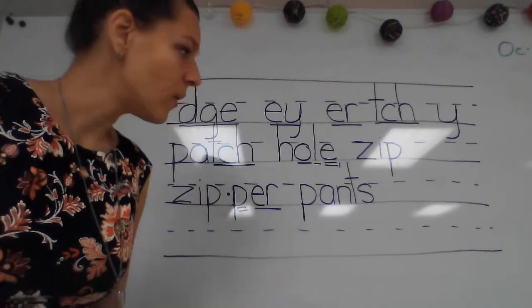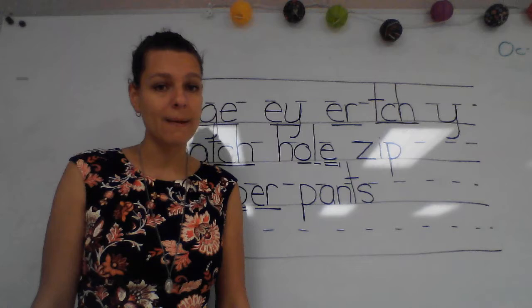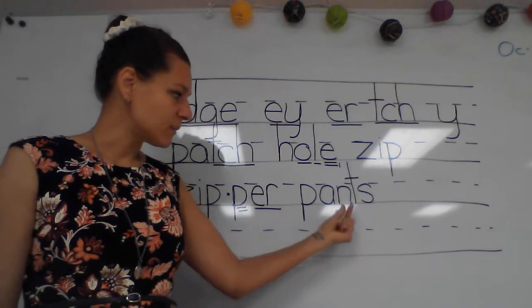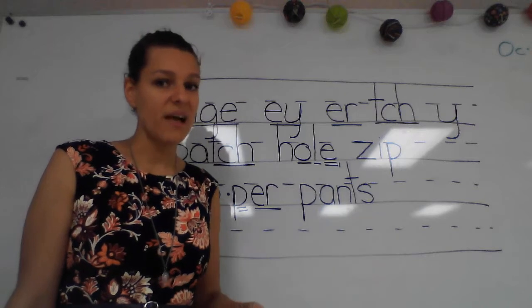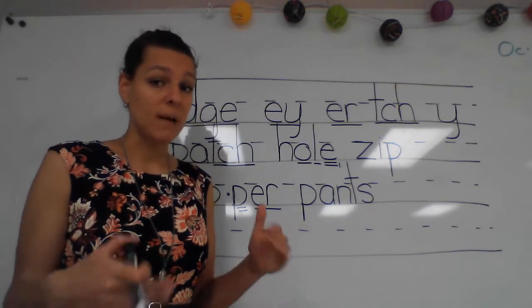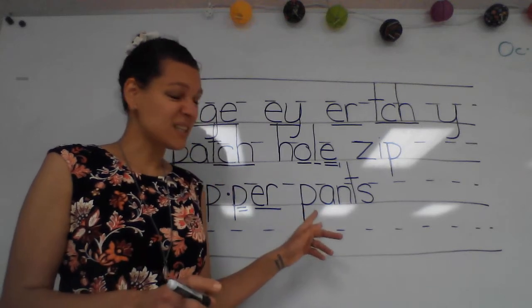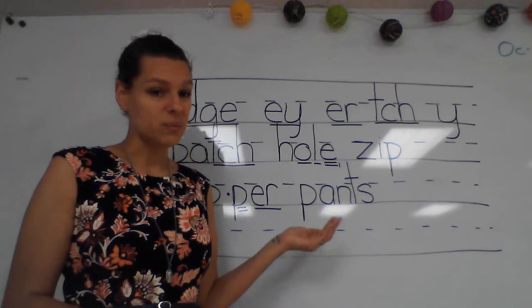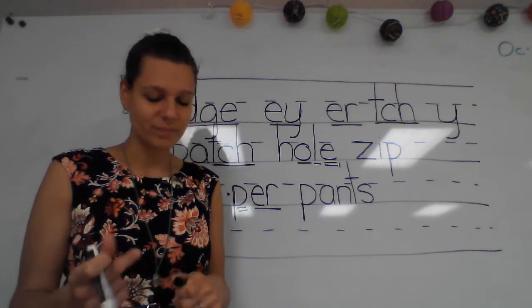I hope if you're at home, you're saying all the sounds while you write them. I've noticed if we don't say all the sounds and we have something like two consonants together, there's a tendency to leave one of them out because we lose track or we're not paying attention as well. If you say the sounds while you write them, you're not gonna have troubles with leaving out sounds.